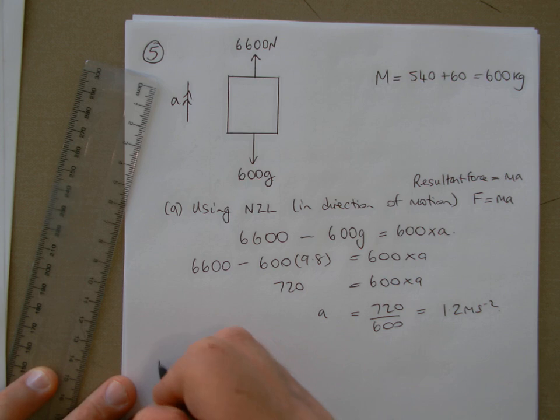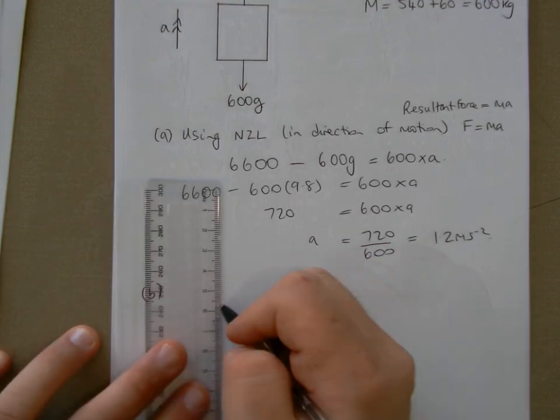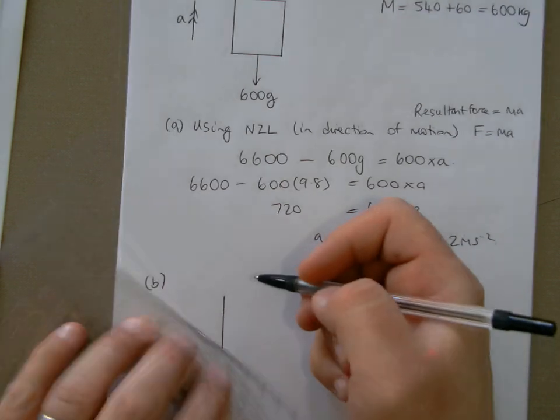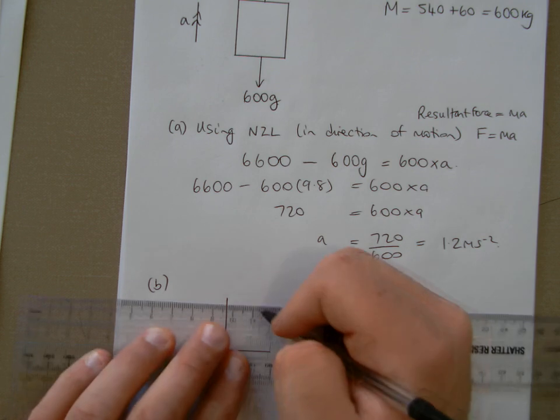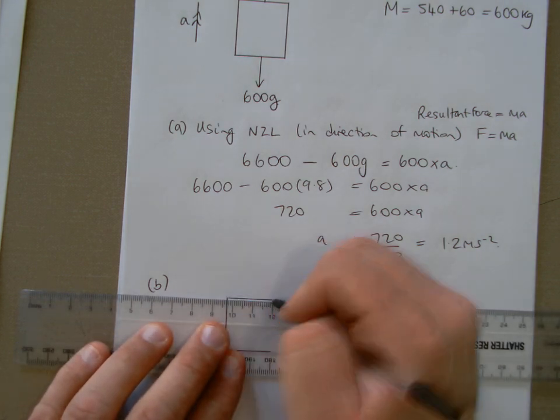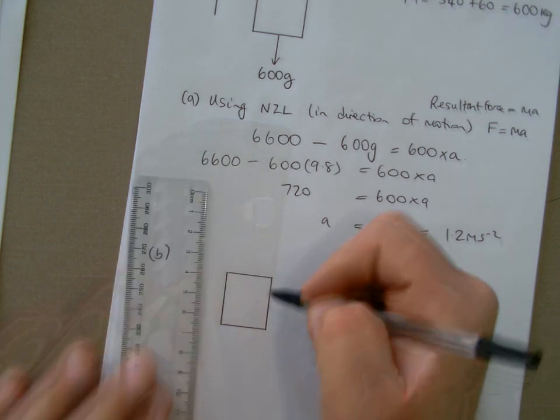What we need to do in part B is draw another diagram, and focus on the forces acting on the person. We're not looking at the bigger picture now, just the actual person. What forces are acting on this person?